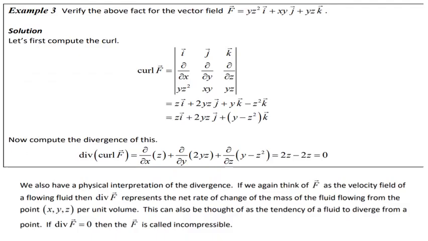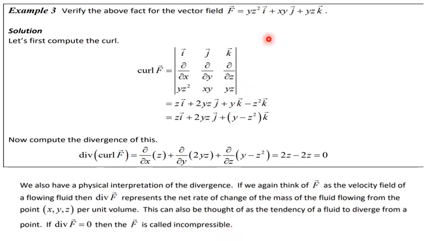Now if a vector is given and the question asks whether the given vector is incompressible or not, what can you do? For this, you first find the curl of that function, and after that you calculate the divergence of it. If the divergence of the curl of that function becomes 0, then it is known as an incompressible field.